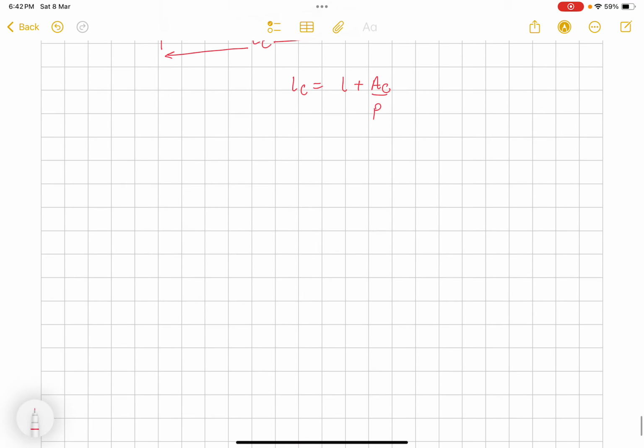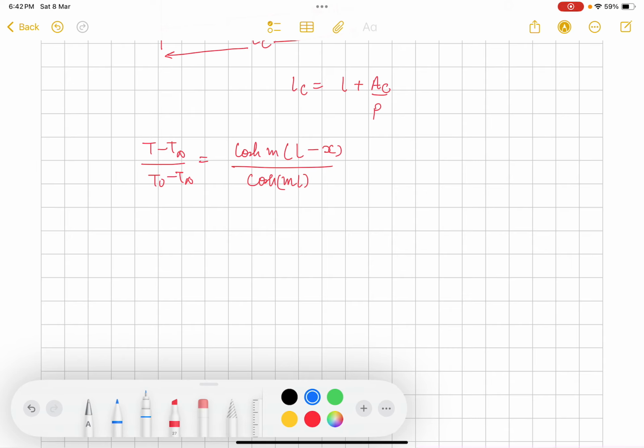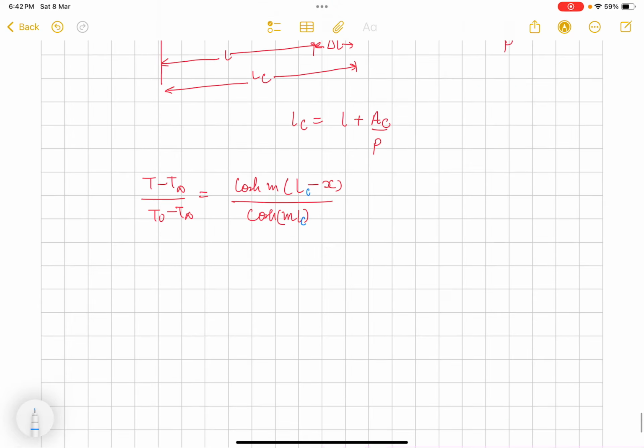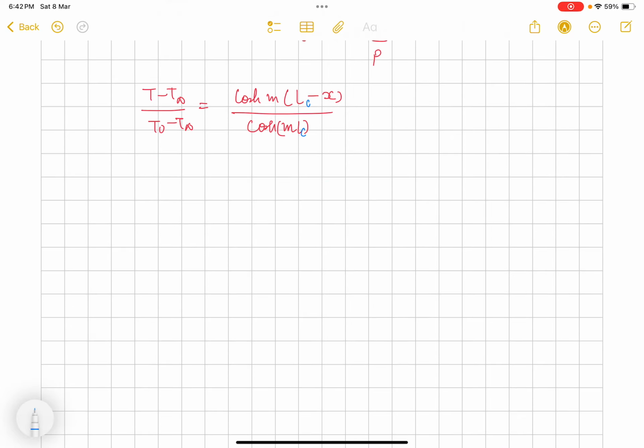So we have the expressions for the adiabatic tip already, like, let me write, cos h m(L minus x) divided by cos hyperbolic mL, right? So in these expressions we should use Lc in place of L when there is convective heat transfer from the tip.